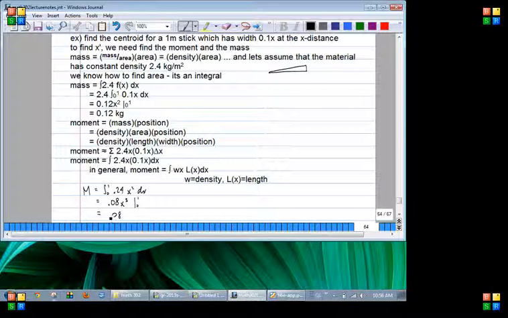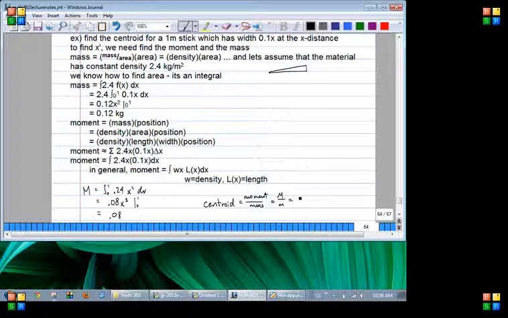Now if we want to find the centroid, what do we do? The centroid is moment divided by mass. So big M for moment, little m for mass.